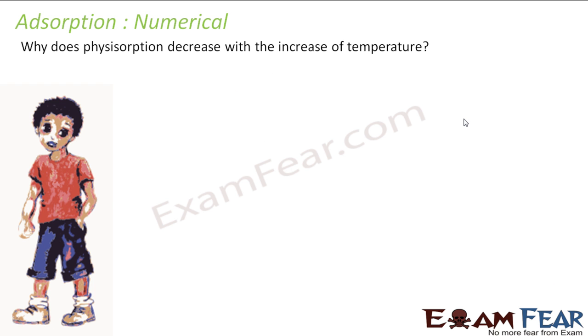The question is, why does physical adsorption decrease with an increase in temperature? See, as I told you, physical adsorption is exothermic. Correct? Delta H is always less than 0.